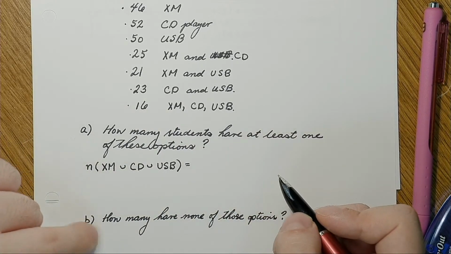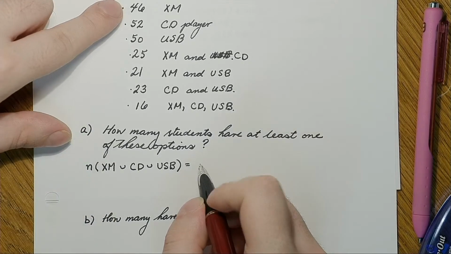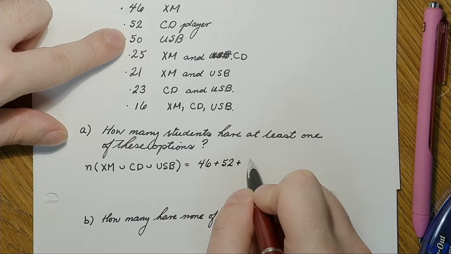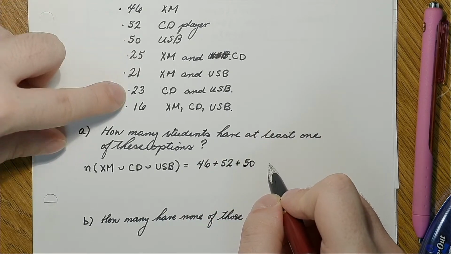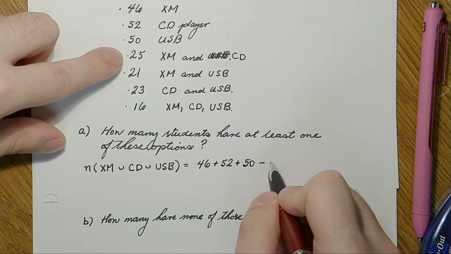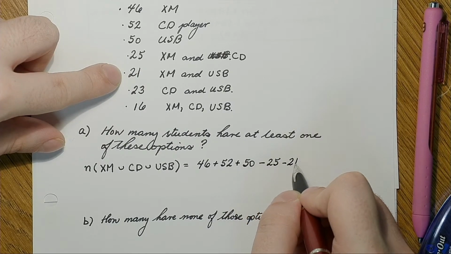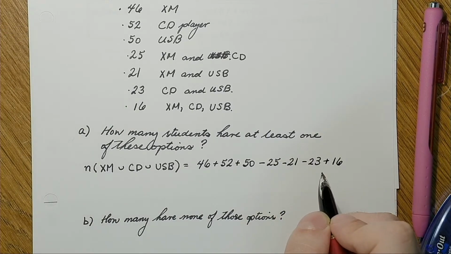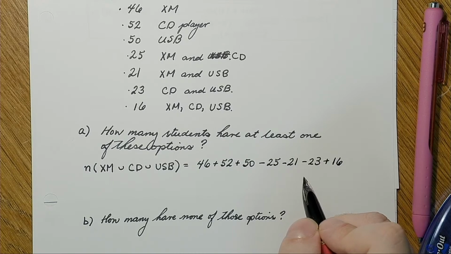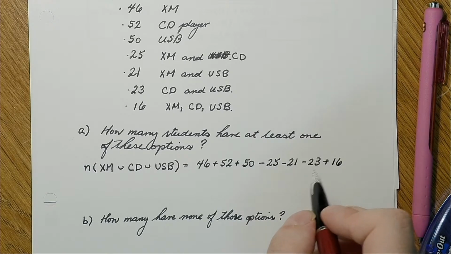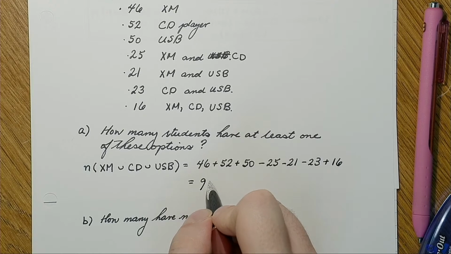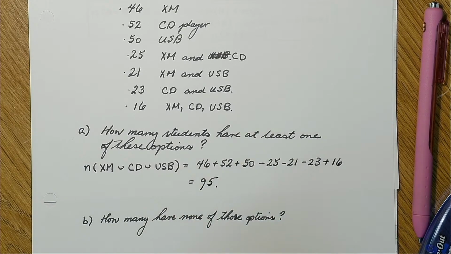So we'll get to that question next. But all we have to do is we'll add up the individual ones. So it's 46 plus 52 plus 50. We subtract the two-way. So minus 25, minus 21, minus 23, and we add in 16. Okay. And you should get 95.